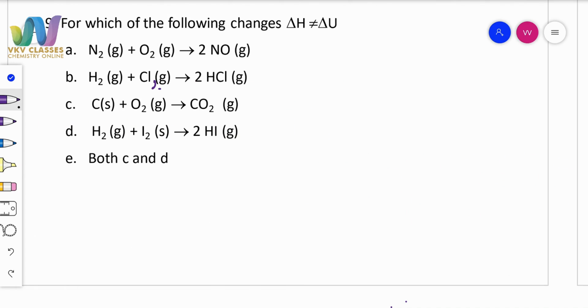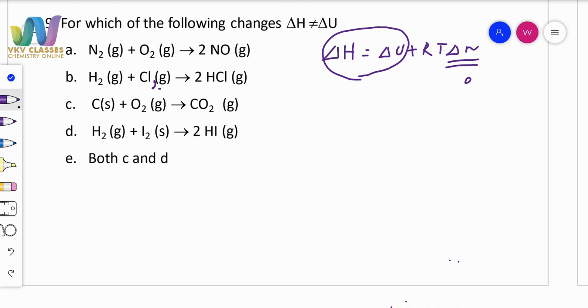For which of the following changes is delta H not equal to delta U? The relation between the two is delta H is equal to delta U plus RT delta N. When delta N is 0, delta H will be equal to delta U. So in this question, we have to count the number of gaseous reactants and gaseous products.